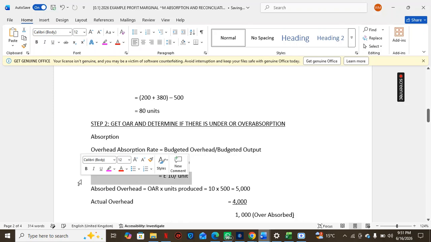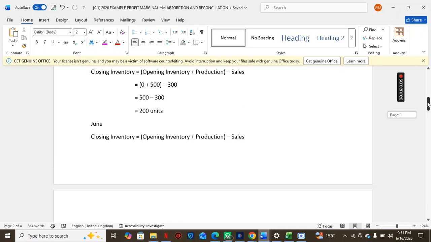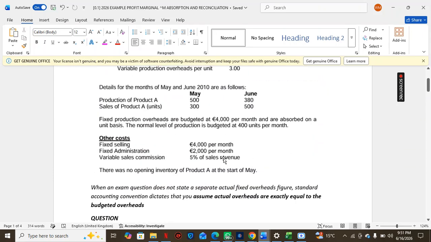Next we check if there was any under or over absorption of the overheads. Important point, colleagues: if they do not give you an actual fixed cost to compare with, then you assume that the budgeted fixed cost is the actual cost incurred that month.